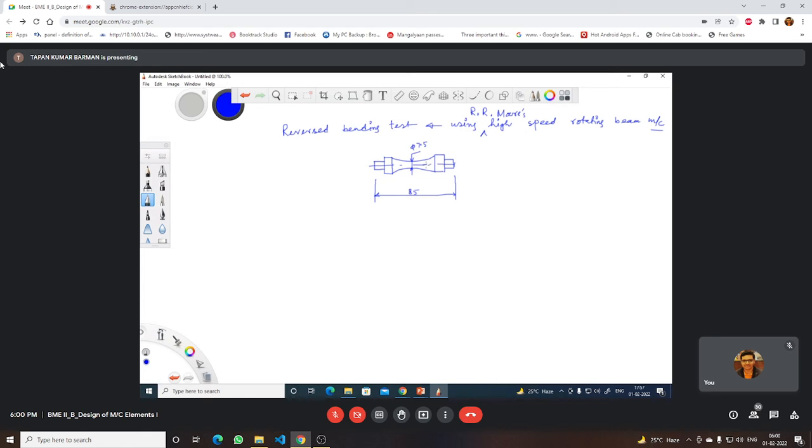And this surface is basically a highly polished surface, machined and highly polished.